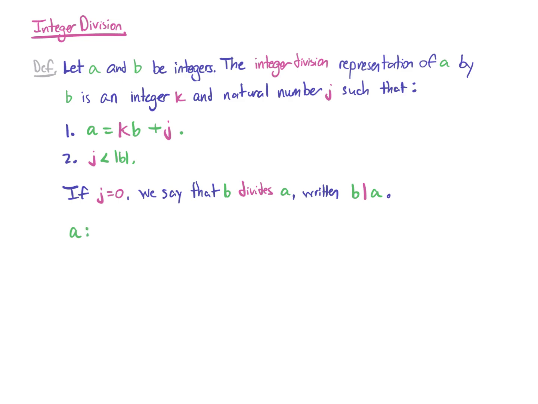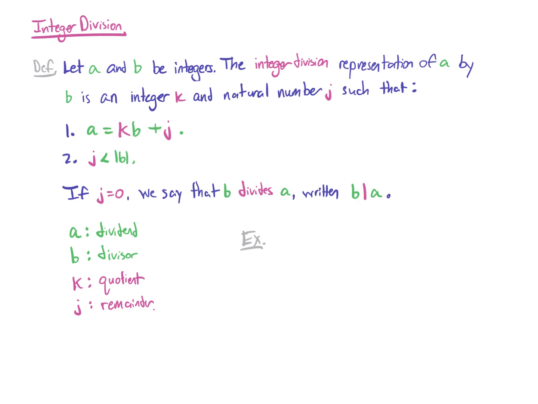So a, the thing that is being divided, is the dividend. b, the thing that is doing the dividing, is the divisor. k, the result, the number of times that the divisor can be taken from the dividend, is the quotient. And j, what's left after you've taken a quotient number of copies of the divisor from the dividend, is the remainder.